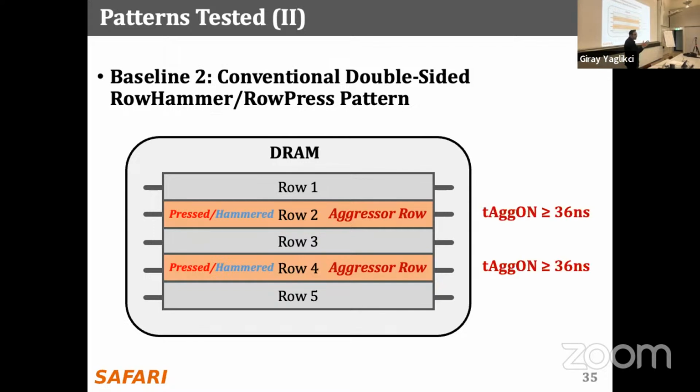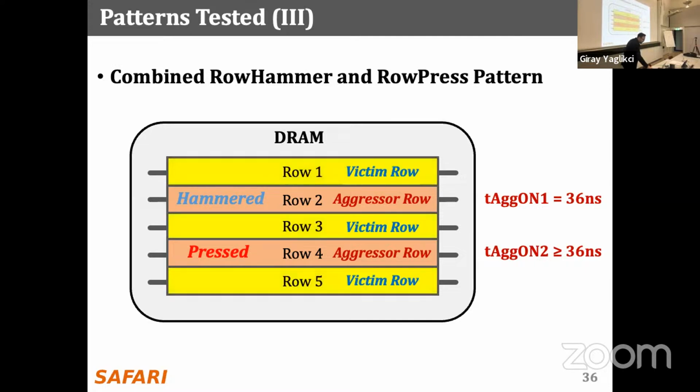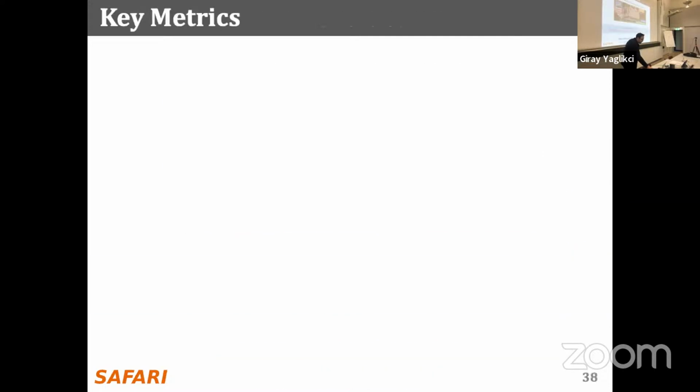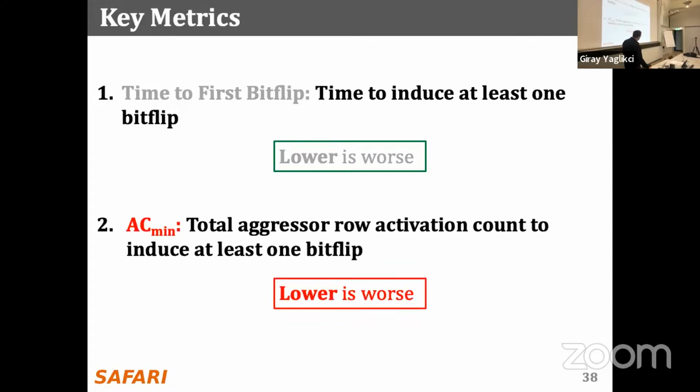We again sweep the tAggON value for them. When we combine them, we have two different tAggON values, so we can perform RowHammer for one and RowPress for the other one. We use the same infrastructure again, and we look at two metrics. One of them is the time to first bit flip.